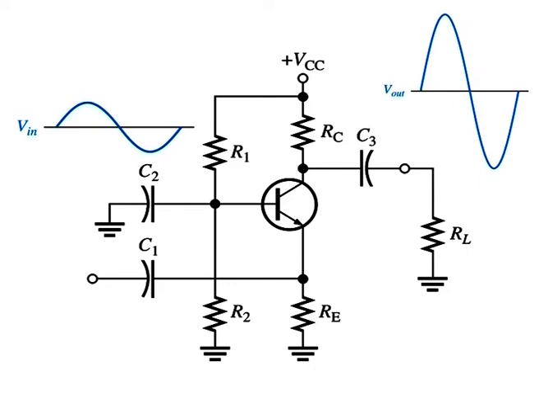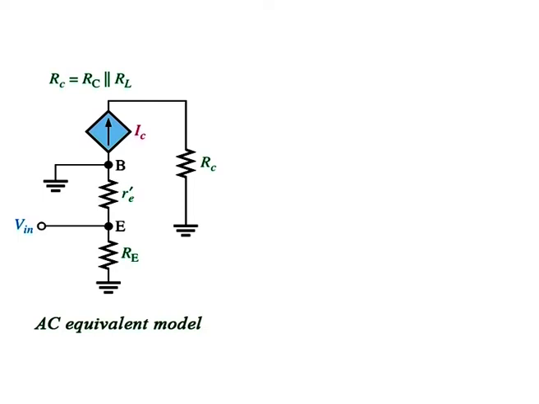The base is the common terminal and is at AC ground because of capacitor C2. The input signal is capacitively coupled to the emitter. The output is capacitively coupled from the collector to a load resistor. The voltage gain from emitter to collector is developed as follows, where Vin is equal to Ve and Vout is equal to Vc.